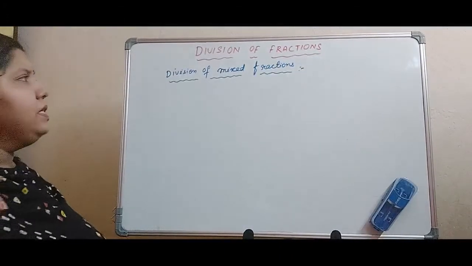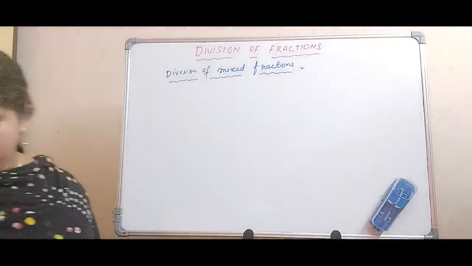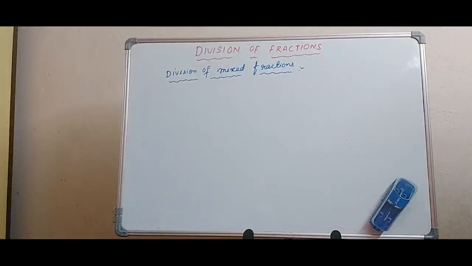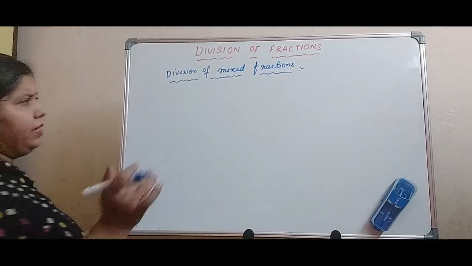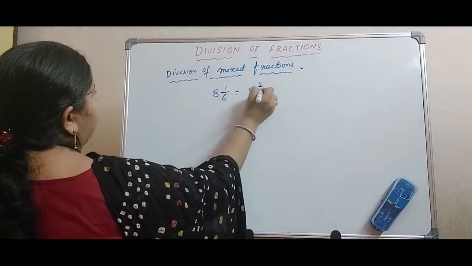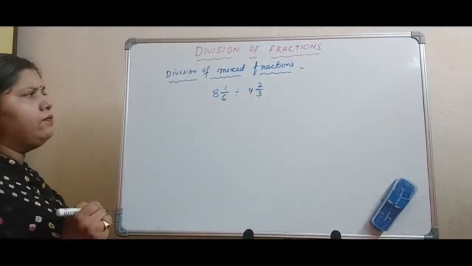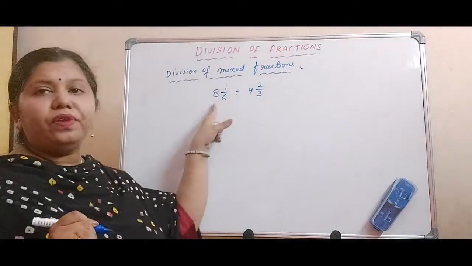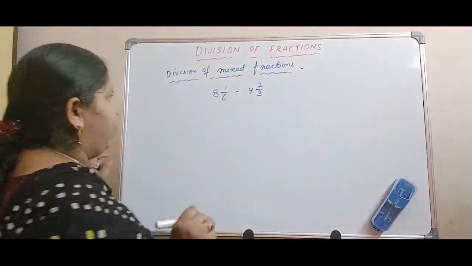Now the next topic is division of mixed fractions. Suppose we have two mixed fractions, say for example 8 1 by 6 divided by 4 2 by 3. So the rule is, first you have to convert these two fractions into improper form.